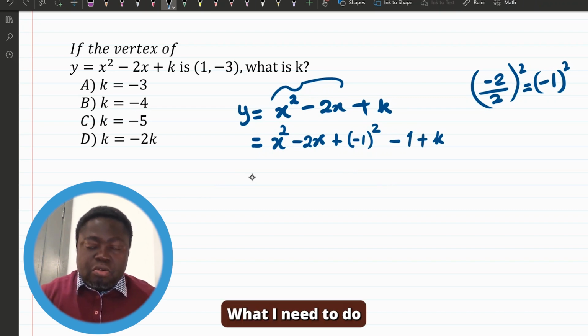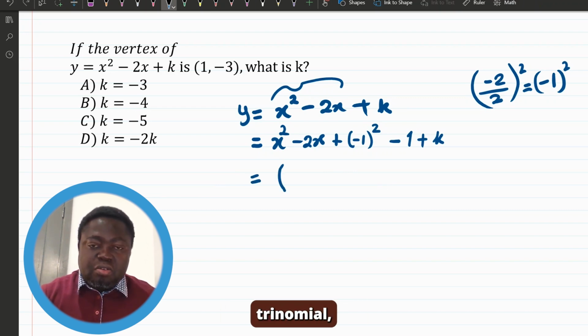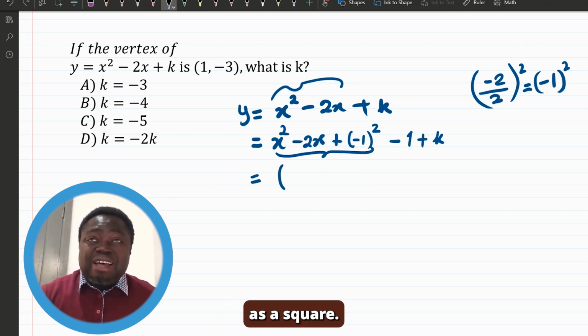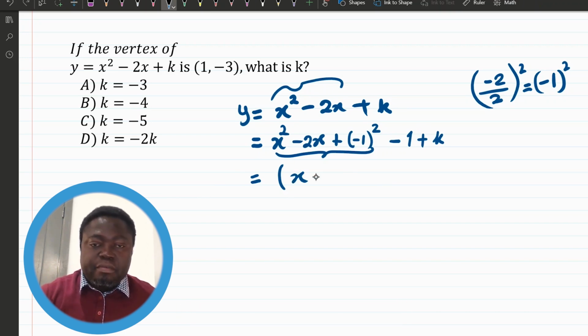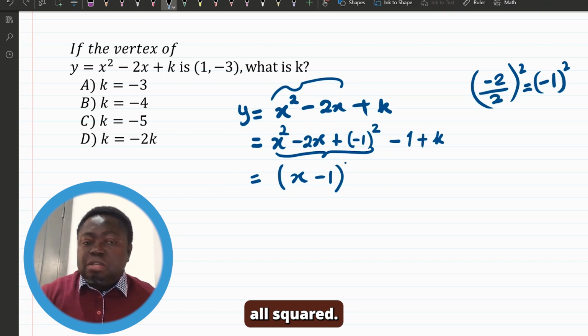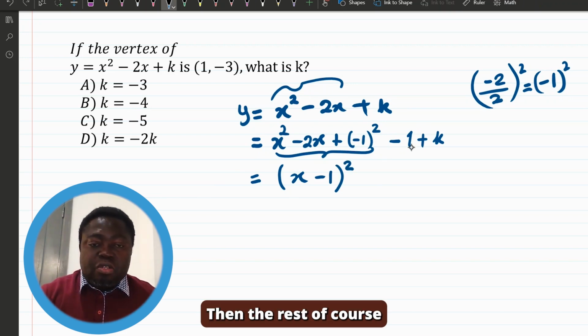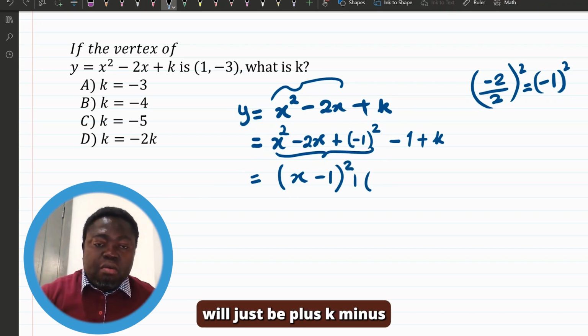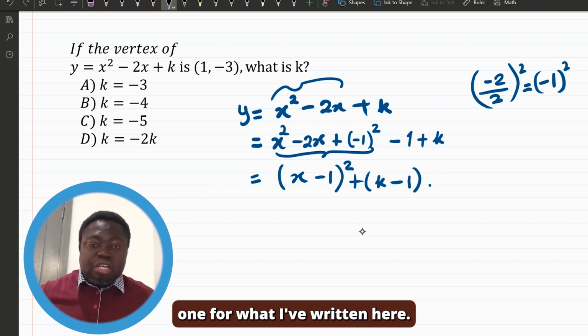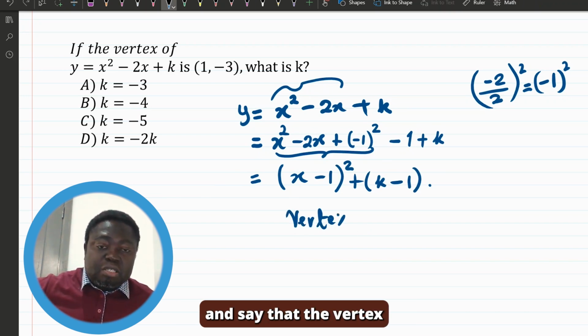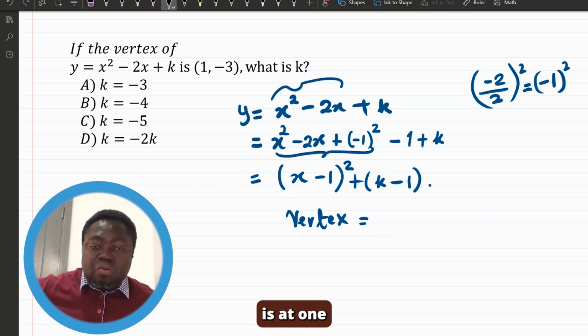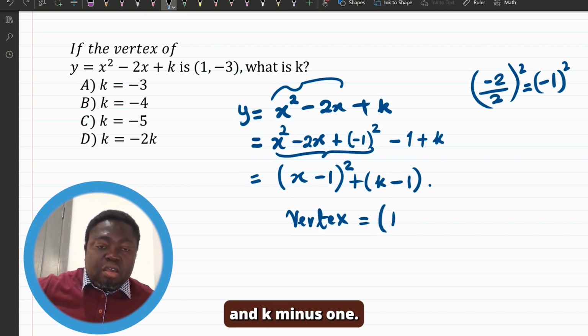Now, what I need to do is to write this trinomial as a square, and I do that by picking x and picking -1, and writing this all squared. Then the rest, of course, will just be plus k minus 1. For what I've written here, you can see that we can pick the vertex and say that the vertex is at 1 and k minus 1.